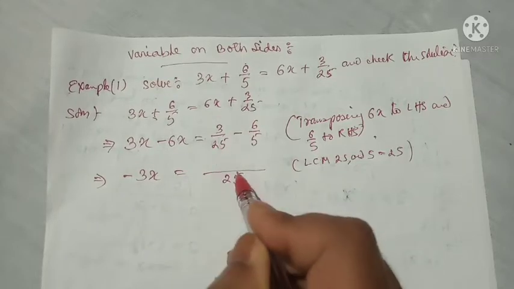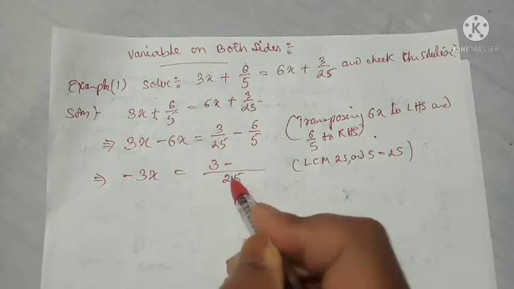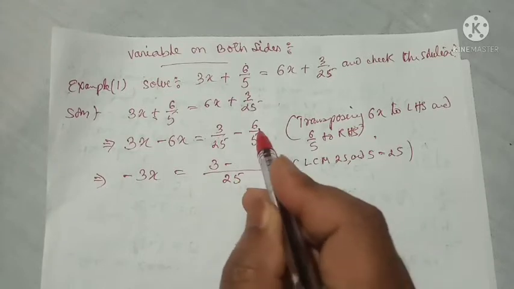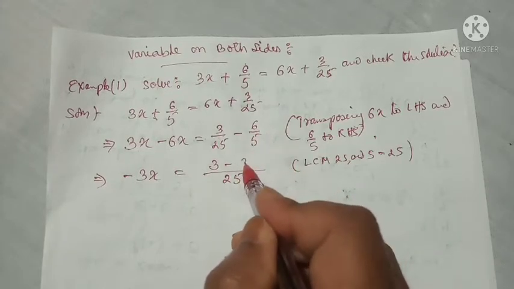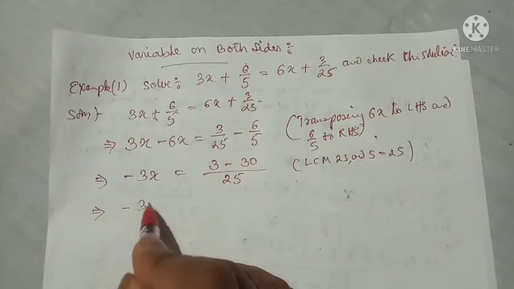Dividing 25 by 25 you get 1, so the answer will be 3. Dividing 25 by 5 you get 5, and multiplying with 6, the answer will be 30. Here comes minus 3x.